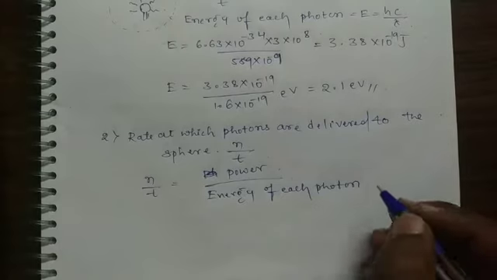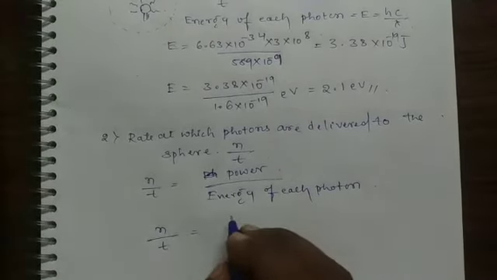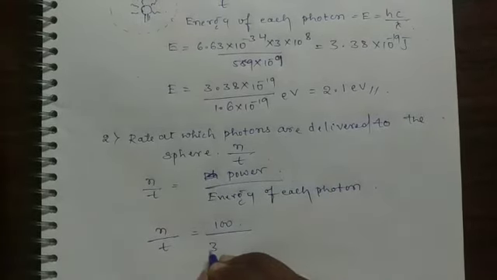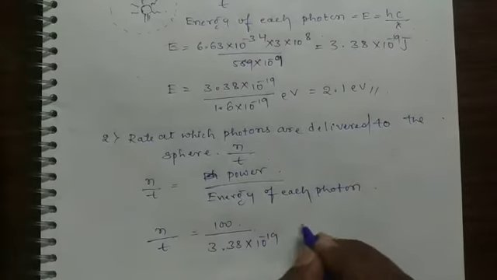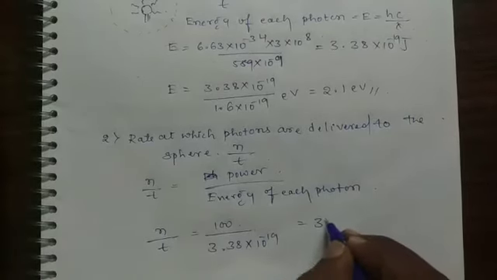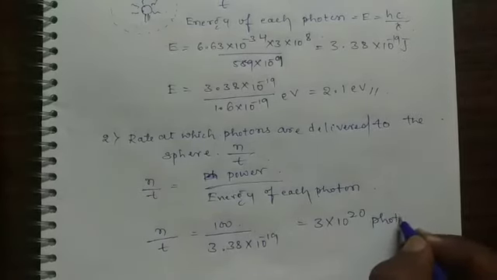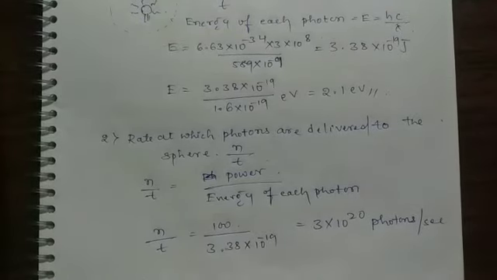So N by t is equal to 100 divided by 3.38 into 10 power minus 19. It means here we get the rate of production of photons, 3 into 10 power 20 photons per second. Okay, so this one is the rate of emission of photons.